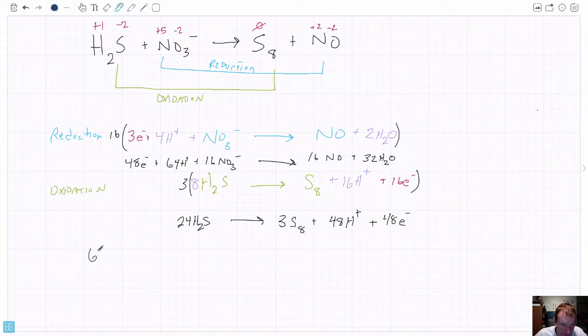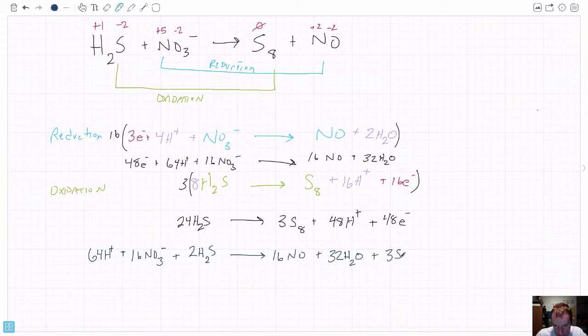So what we're left with are 64 H plus, 16 NO3 minus plus 24 H2S yields, we're going to go to our product side, 16 NO plus 32 H2O plus 3 S8 plus 48 H plus.